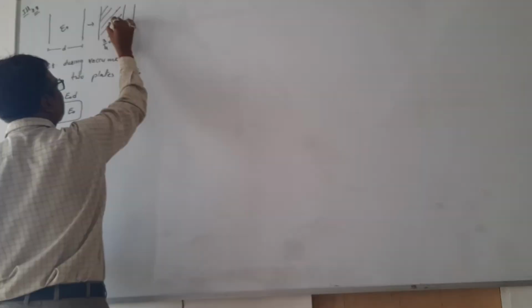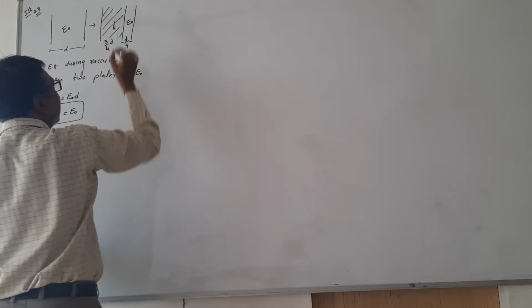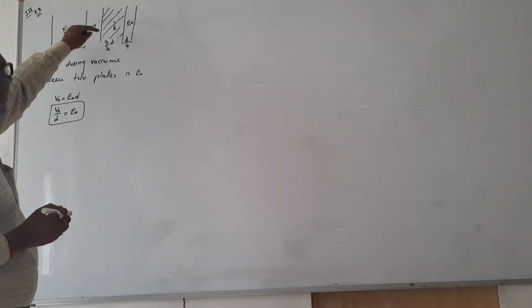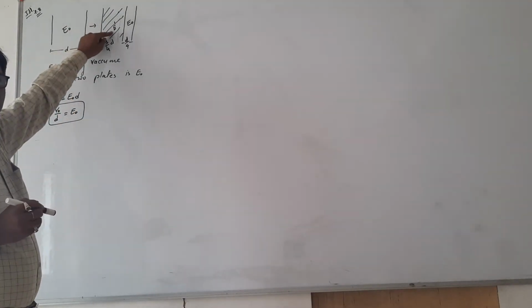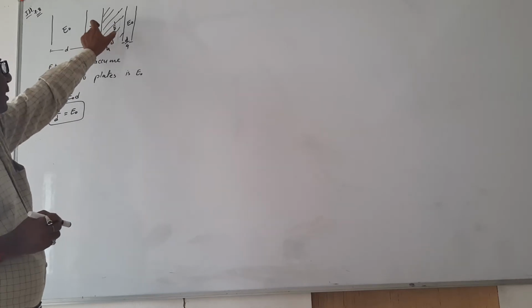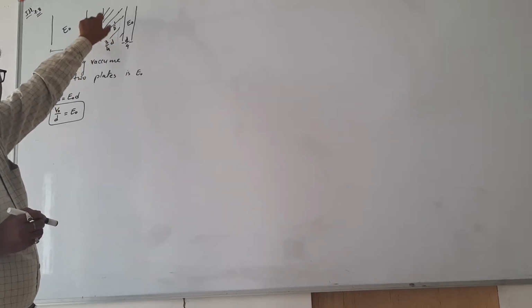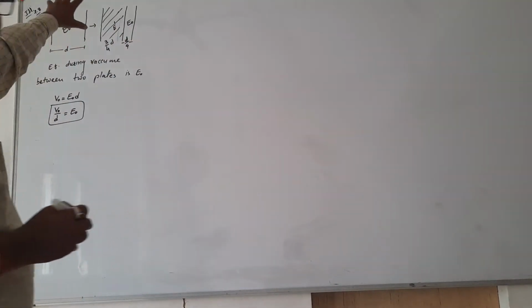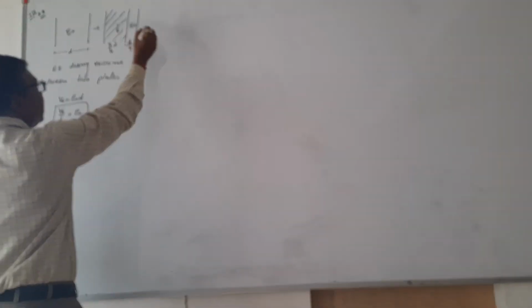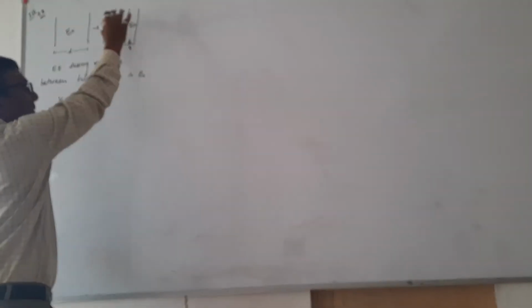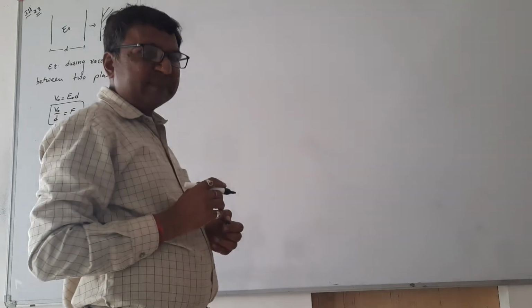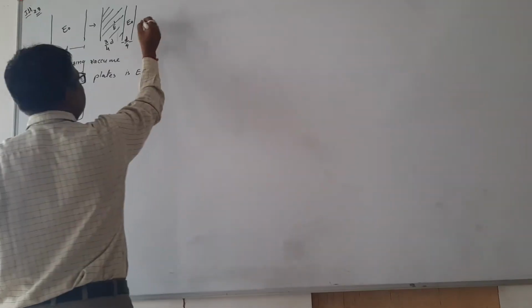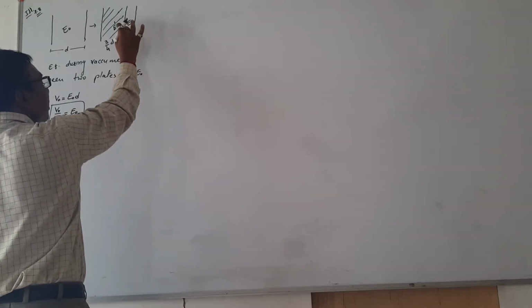Here E0 and here E dash, because E dash is the electric field when any dielectric object is inserted into the plate capacitor. Now the resultant electric field E dash in the form of E0.